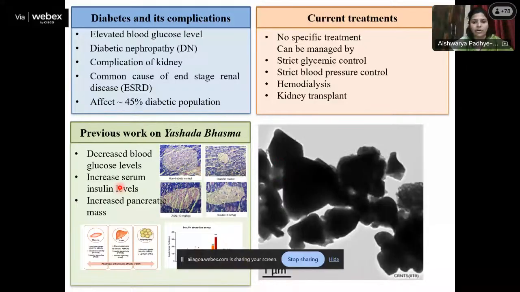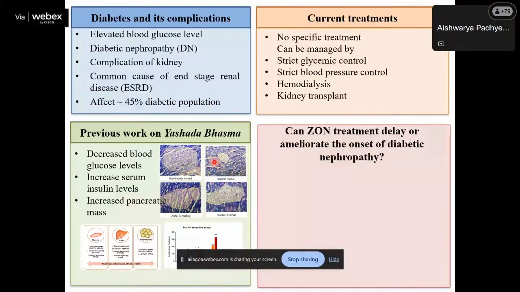So to carry this forward, can zinc oxide nanoparticle treatment also delay the onset of diabetic nephropathy? And for this, we studied the nanoparticles in type 2 diabetic models, as well as in type 1 models.